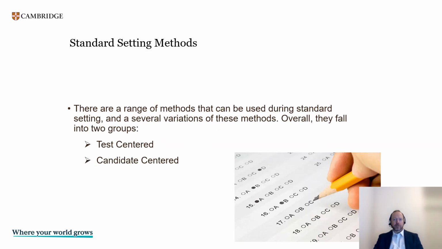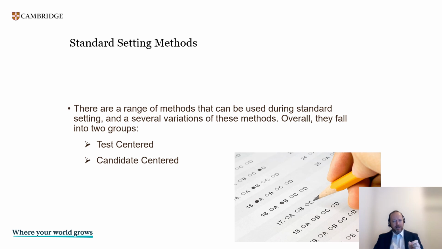There are a range of tried and tested methods which can be used in standard setting. These are either test-centered or candidate-centered. We use test-centered methods when we carry out standard setting for listening and reading exams. It is called test-centered because we look at a specific test paper or a set of items.